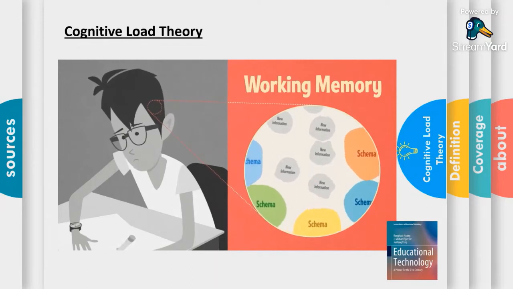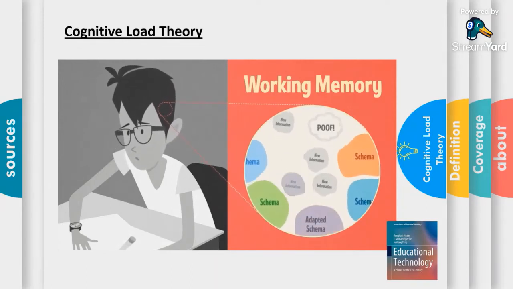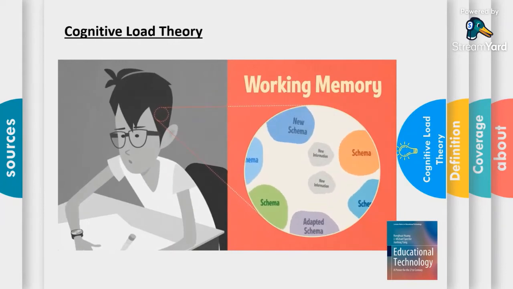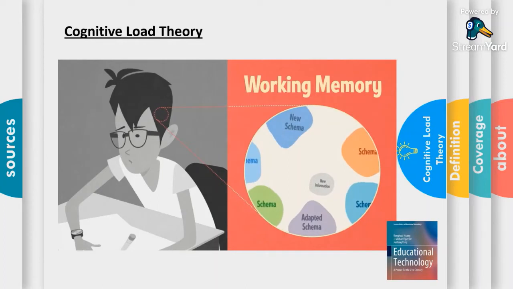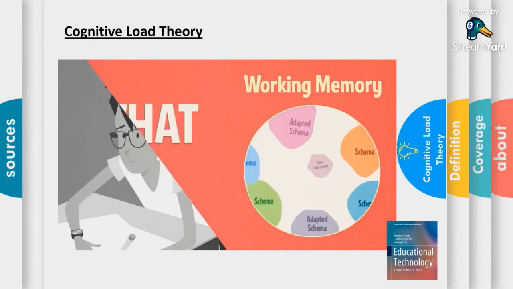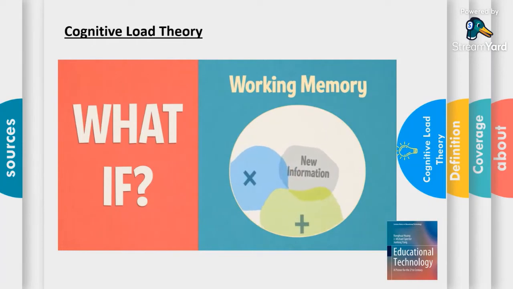When incoming data doesn't fit nicely into pre-existing schemas, your brain quickly adapts those schemas or develops new ones. According to cognitive load theory, this process is both active and fluid and can be enhanced with the right supports. So what if we could start over and strategically introduce exponents in a way that would create vital connections with other more established schemas, like your strong foundational knowledge of multiplication and addition?